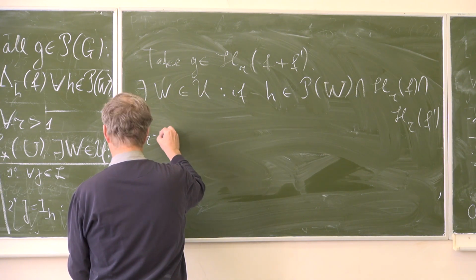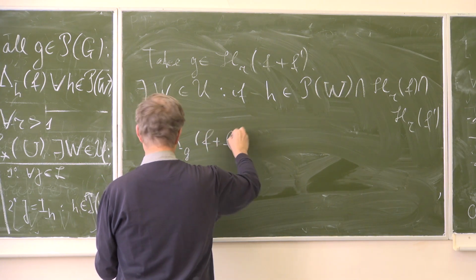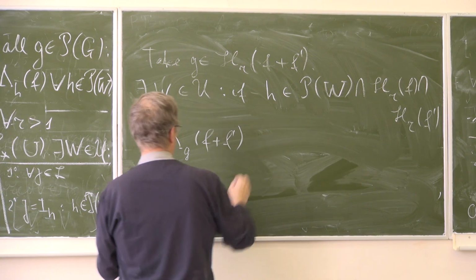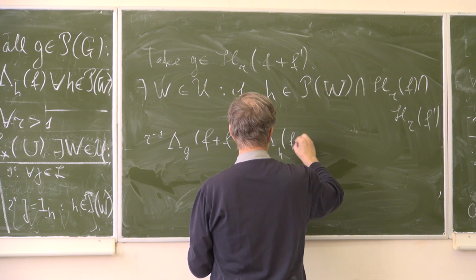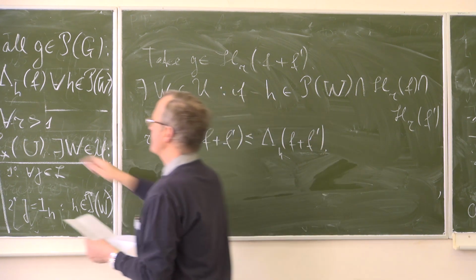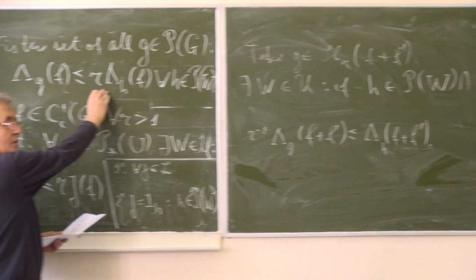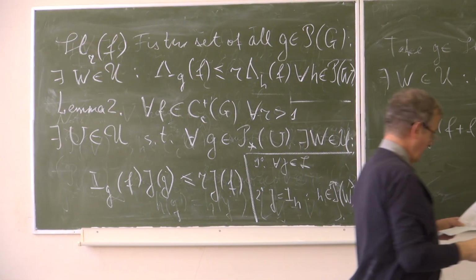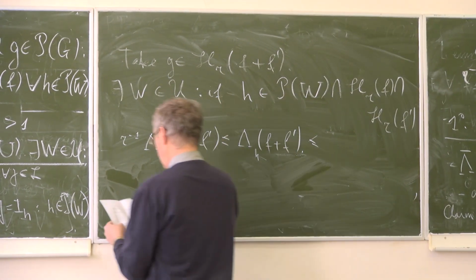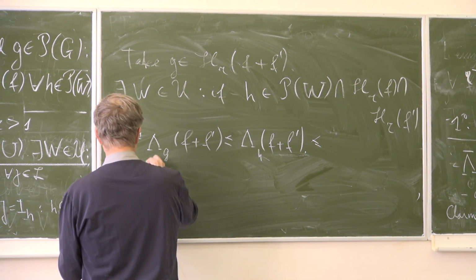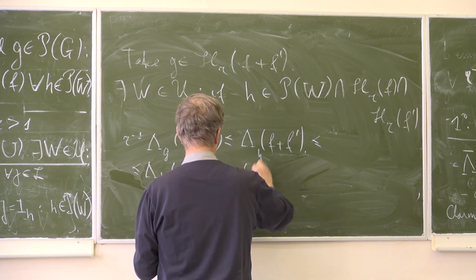R to the power minus 1 lambda G of F plus F prime is less than or equal to lambda H of F plus F prime. This is precisely this condition. You see? This is precisely this condition. And our lambda H is subadditive. So this is less than or equal to lambda H of F plus lambda H of F prime.